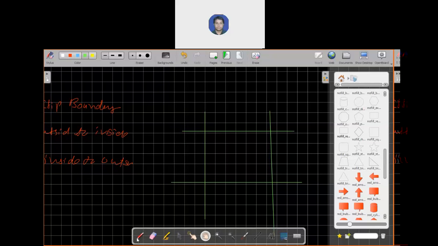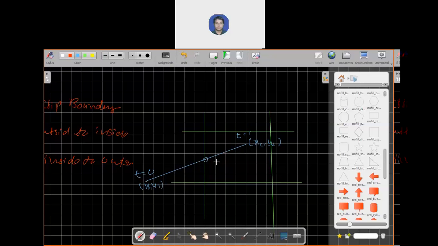Check the condition if you are entering. The first case, pk is less than 0, means you are entering into your clip window. Suppose this is the line we are talking about. This is your x1 y1 and this is your x2 y2. At this point the value of t is 0, at this point the value of t is 1, and this is the intersect point we need to find.